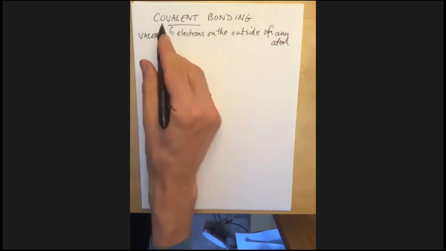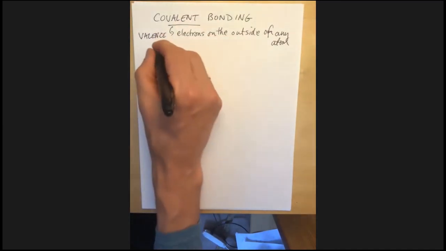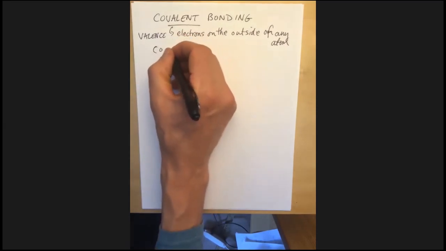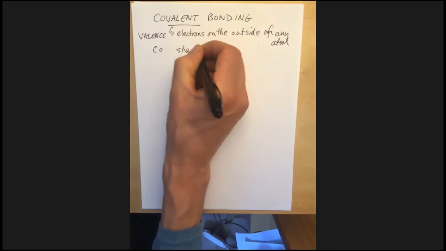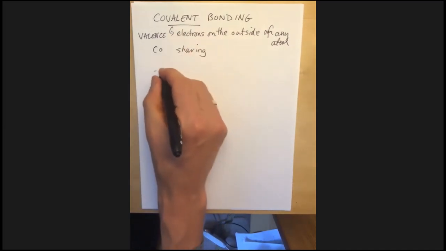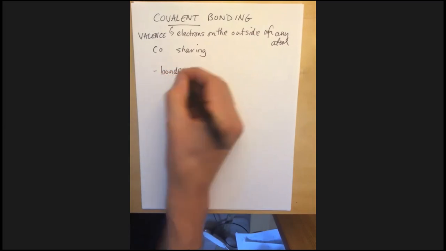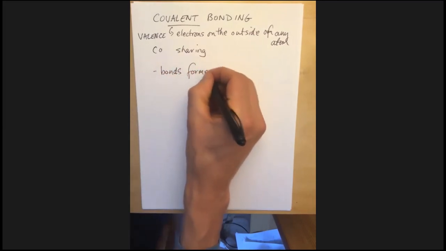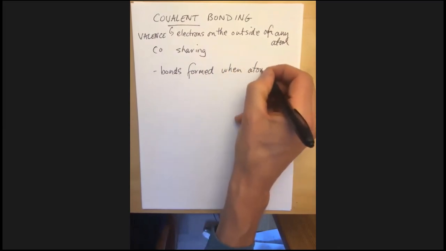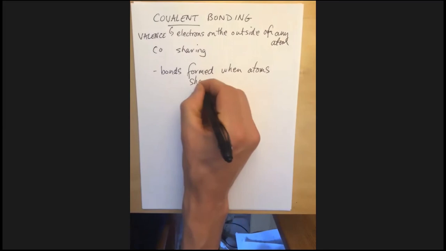And co means together, right? So co is for like cooperation, or doing something with somebody. So co means sharing. And so covalent bonding is bonds formed when atoms share electrons.